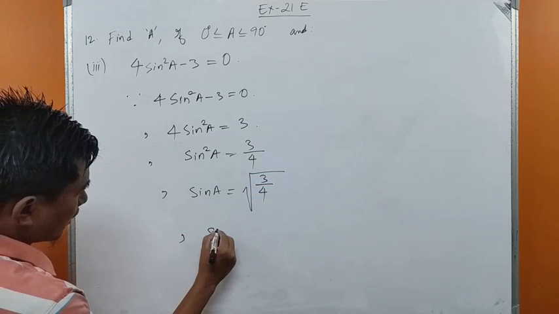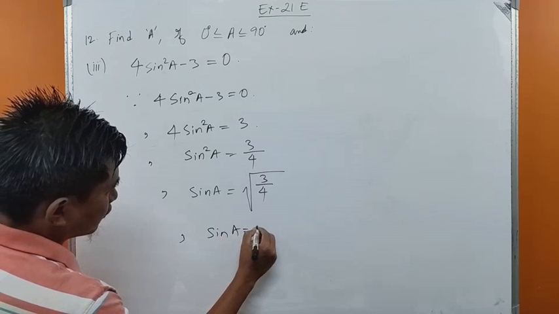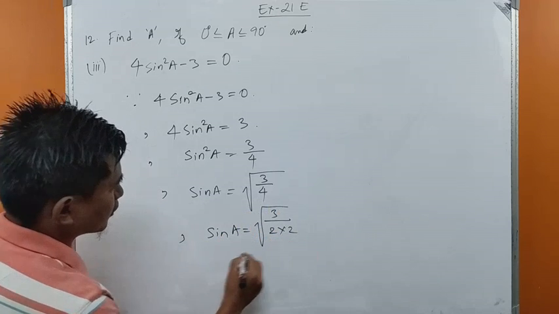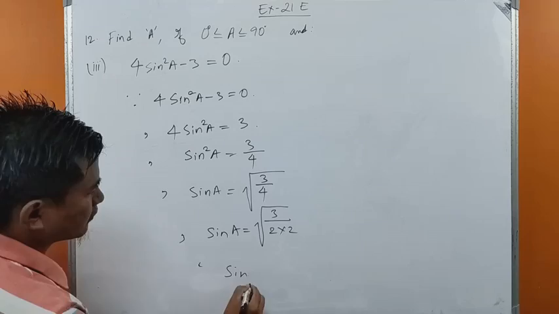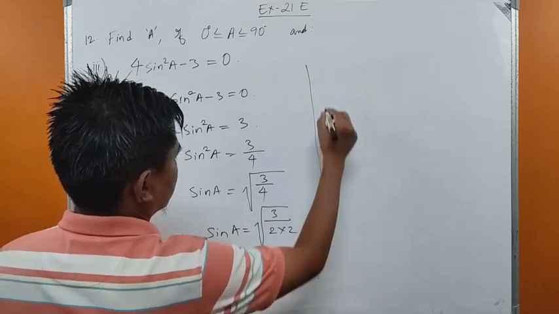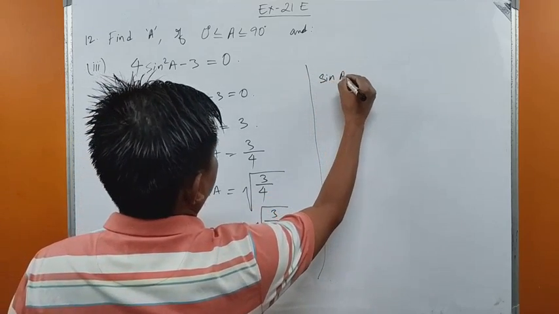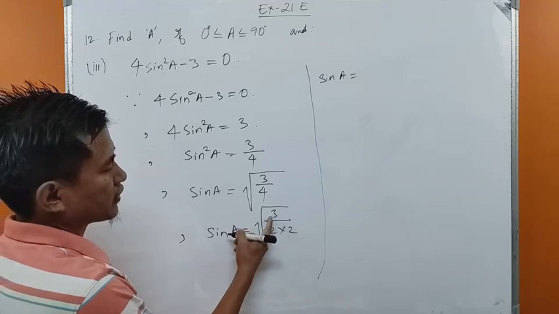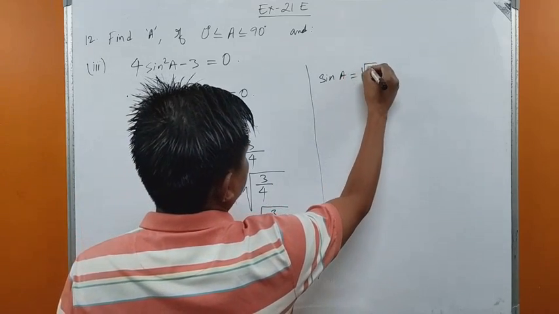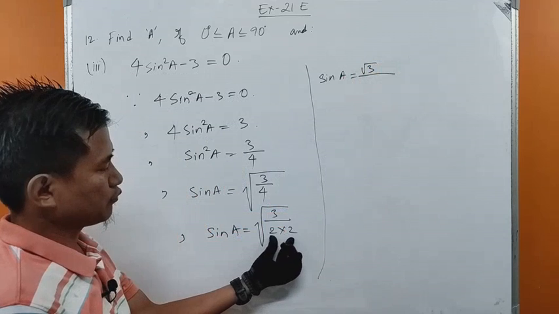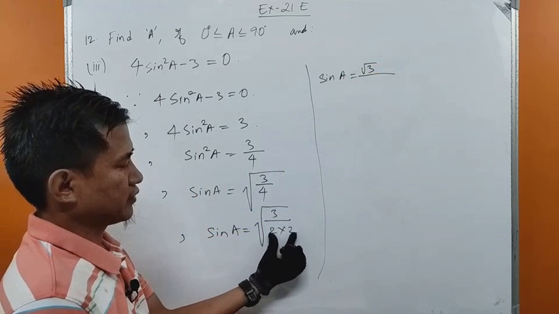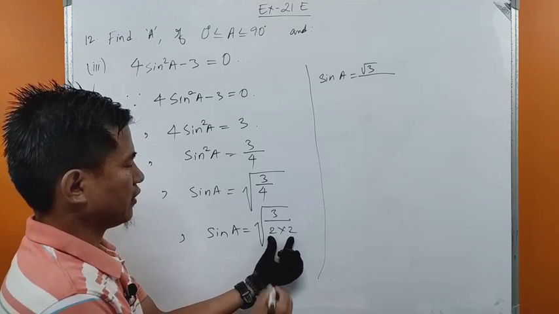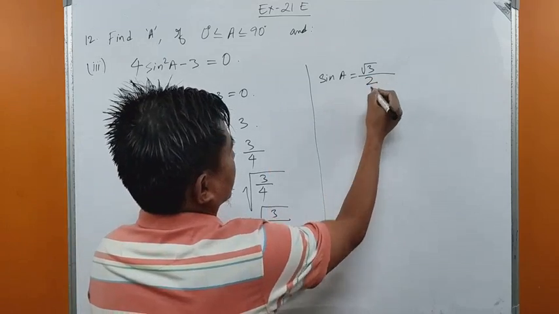Or sin A equals root under 3 upon 4, which means 2 into 2, 2 2s are 4. Now 3 is a single number, it doesn't have a pair, so the root remains for 3, and here we have a pair of 2, isn't it? 2 and 2 make a pair, and we remove the root. Now we have a single 2.